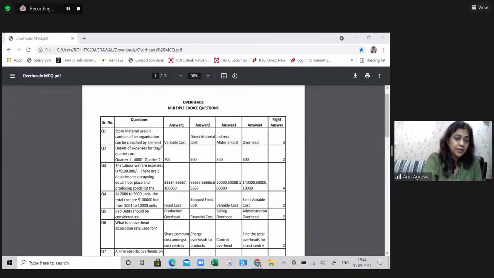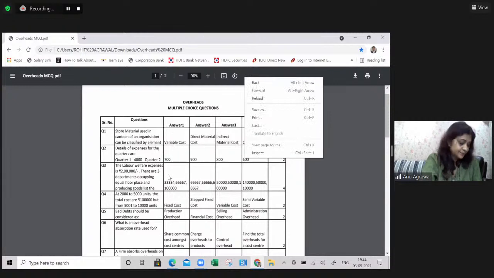Then question 3, the labor welfare expense is 2 lakh.